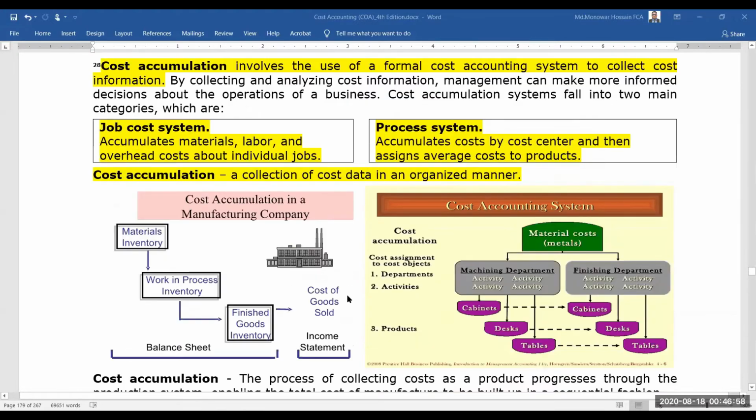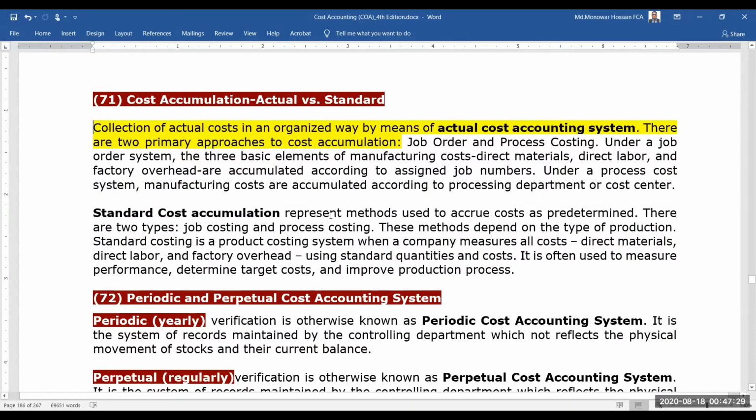We have seen that cost accumulation is a collection of cost data in an organized manner. Cost accumulation, actual versus standard: collection of actual cost in an organized way by means of an actual cost accounting system. There are two primary approaches of cost accumulation: job order costing and process costing.